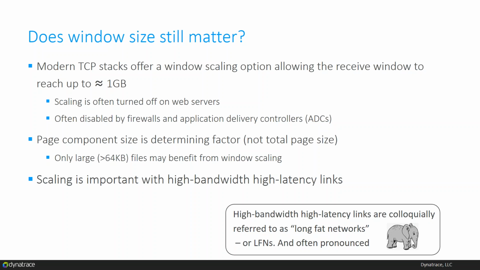Those devices I mentioned, the application delivery controllers, load balancers, and firewalls will often disable window scaling. So it is more common for window scaling to be disabled inside a corporate network than it is to be enabled. So the answer is yes, we still have to worry about TCP windowing.